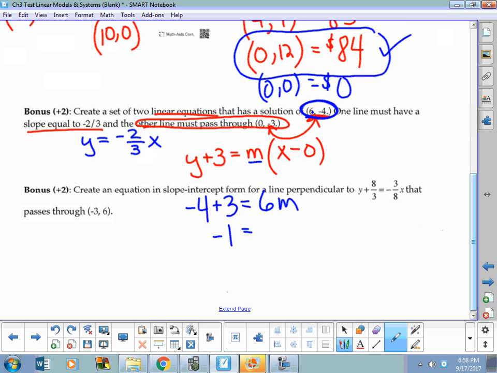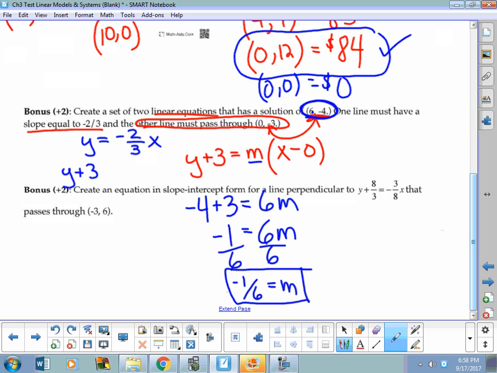Yeah, there we go. I did want 6 in there. 6 times x. Divide by 6. Let me just catch up. My brain is gone south. Here we go. The slope, though, for our problem is negative 1/6. That's a true fact. So our other equation can be y plus 3 equals negative 1/6 x.